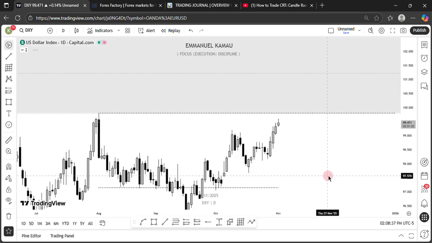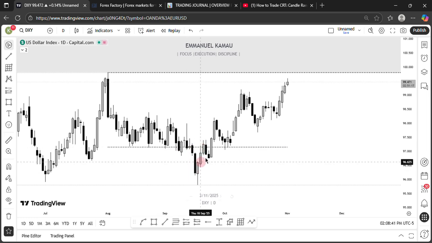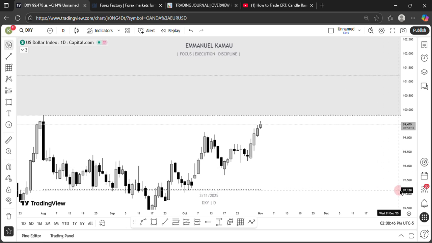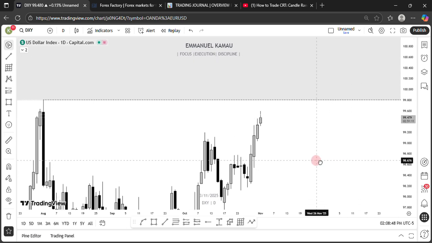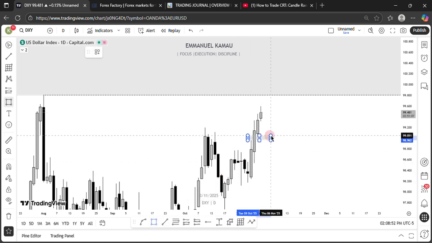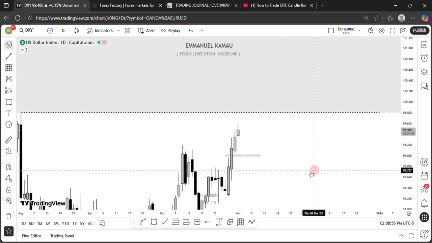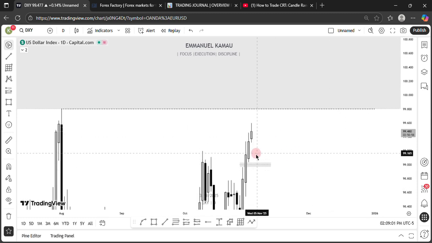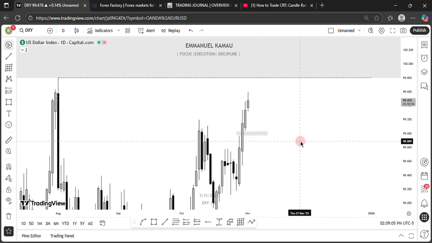On the daily, we can see we are still bullish, creating a series of higher highs, higher lows, higher highs, higher lows. At this point we have this particular fair value gap, which I'm eyeing the market will retrace up to. Remember this, the market first fills internal liquidity and then targets the external liquidity.